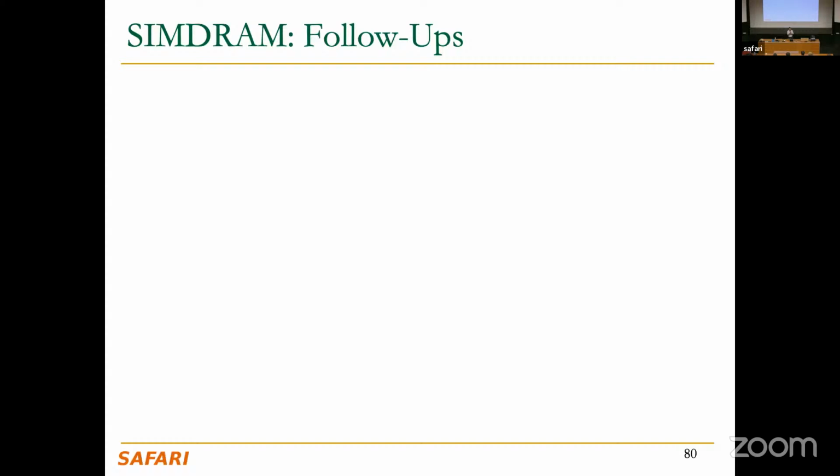In the SimDRAM paper, we have some SPICE models to see how, as the node size is reduced and we do computation with triple row activations, or even five row activations, process variation impacts the success rate of the computation. So I hopefully answered the question more or less.